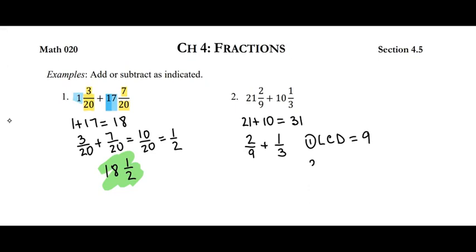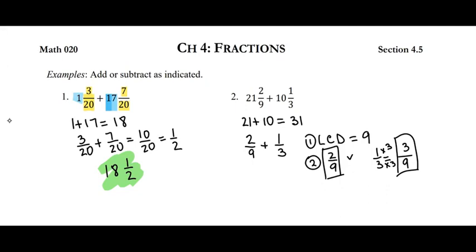Step number 2, my 2 over 9 stays the same because the old denominator was 9 and the new denominator is 9. So I don't need to change 2 over 9. But 1 over 3 needs to be changed to reflect the new denominator of 9. So 3 times 3 is 9, so I need to multiply by 3, so it's going to be 3 over 9. So the fractional parts that I am adding are 2 over 9 and 3 over 9.